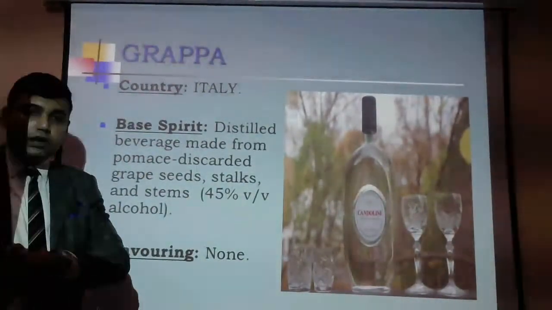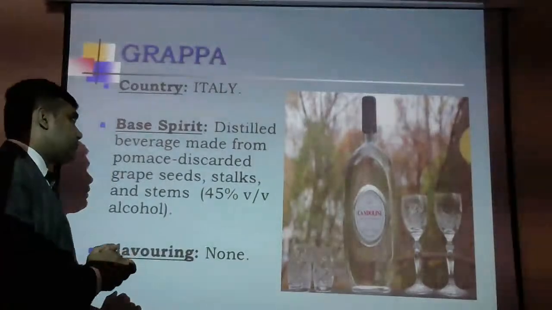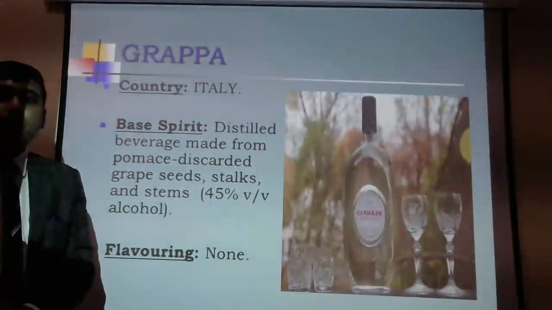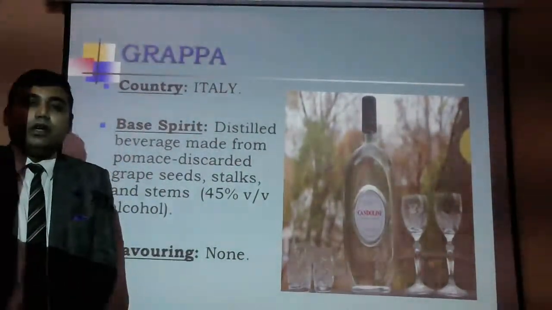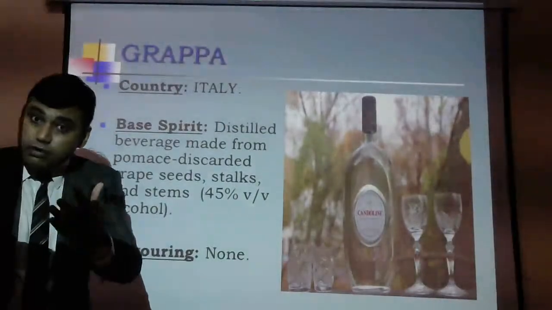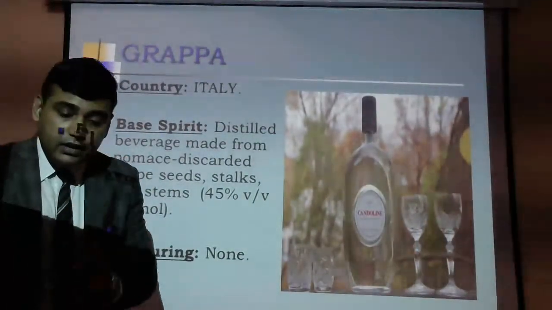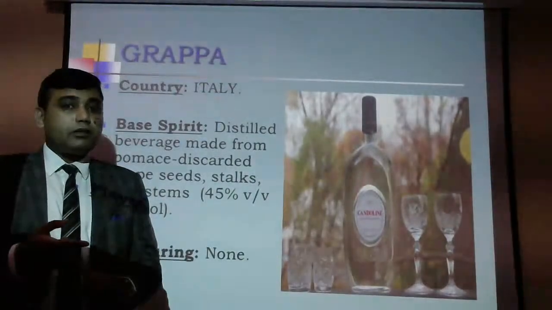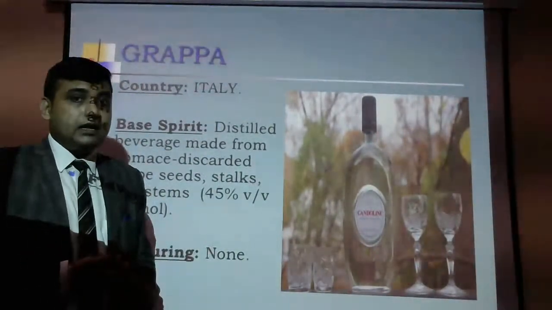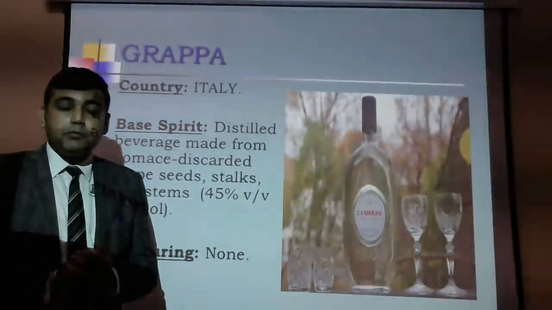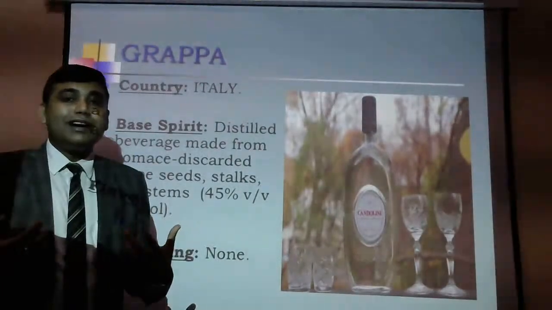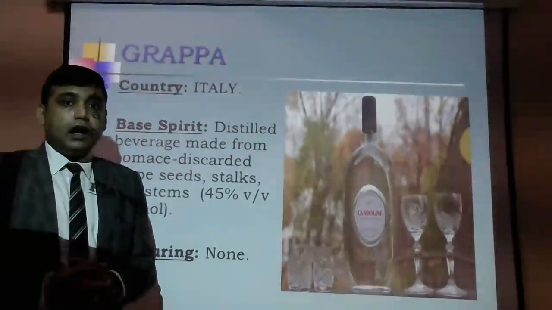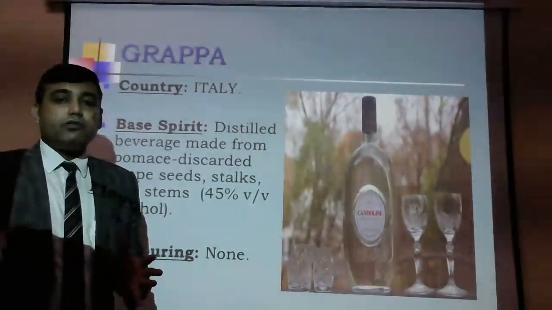Okay. Next, we will move to the next spirit, that is grappa, and we have discussed this earlier also. If you remember, in your brandy chapter, it is also a brandy, where we discussed pomace brandy. So it is a pomace brandy which is distilled in a patent still to a strength of 45%.